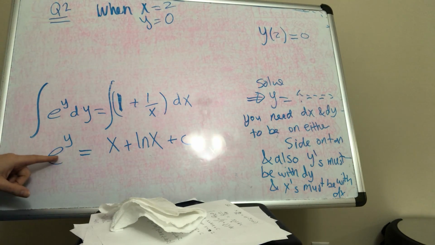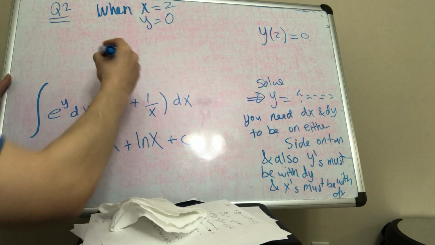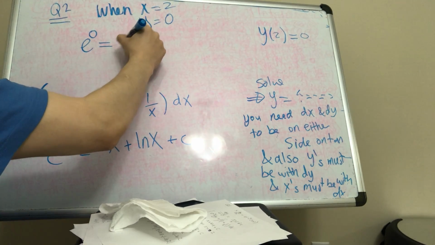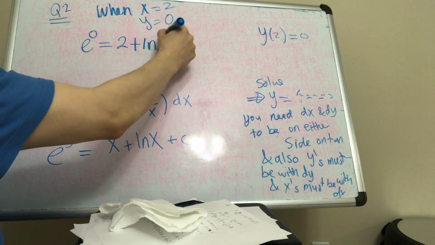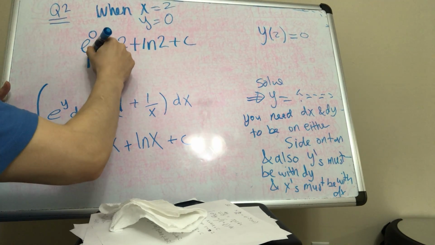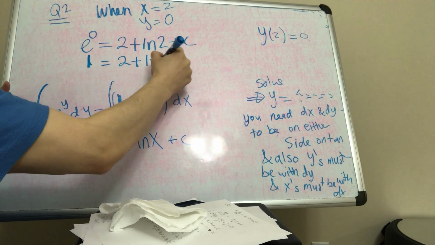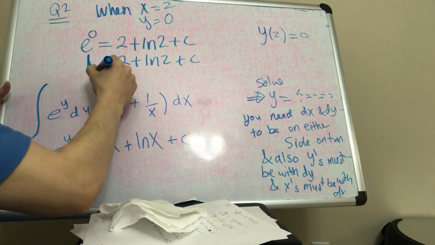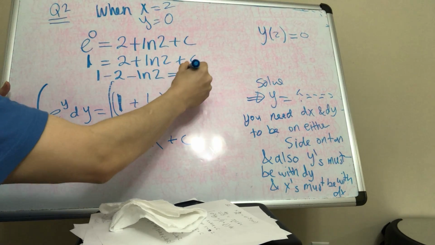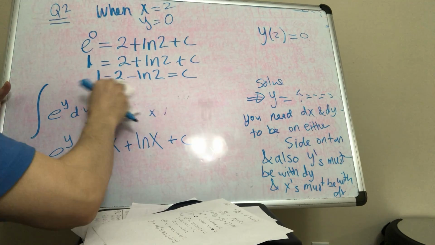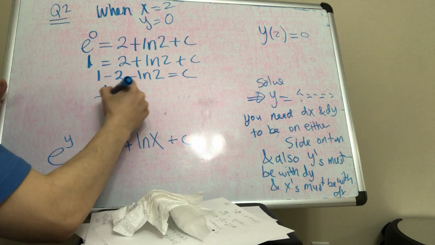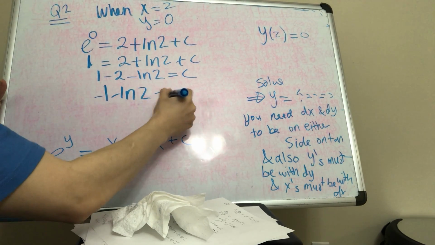So let's see here. y is 0, so e to the 0, you put x here, so 2 here, 2 plus ln 2 plus c. e to the 0 is 1. You bring this over, so minus 2 minus ln 2 equals c. 1 minus 2 is minus 1, minus ln 2 equals c.